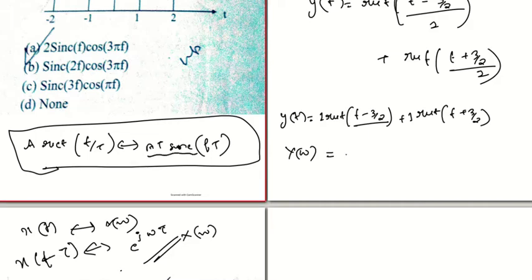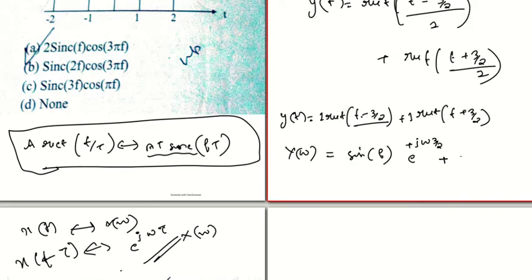A tau sinc f tau, right? A is 1 here, tau is 1 here, so the rest of it is sinc f. So sinc f into e raised to minus j omega 3/2. Sorry, if minus is coming here, plus will be coming for the other one.